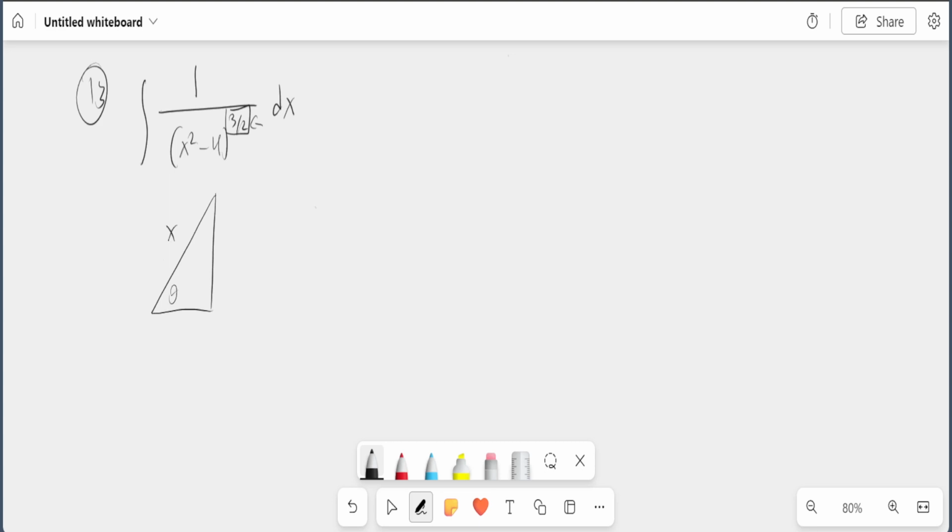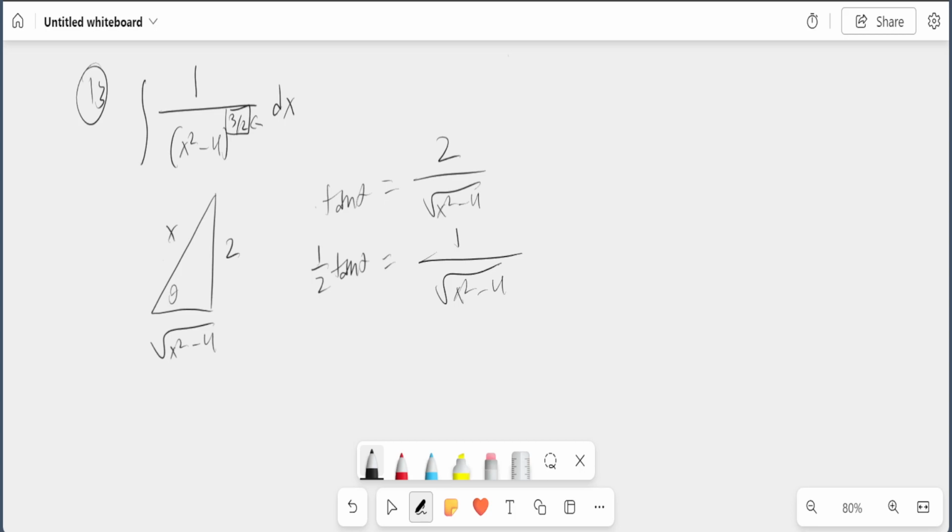So x, 2, square root x squared minus 4, right? Tangent theta is equal to 2 over square root x squared minus 4. So 1 half tangent theta is equal to 1 over square root x squared minus 4.